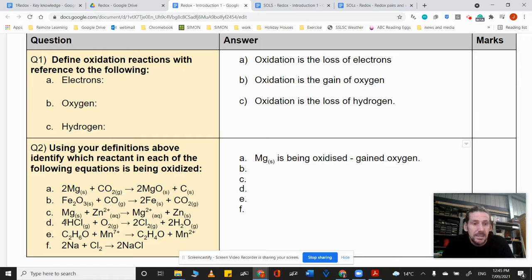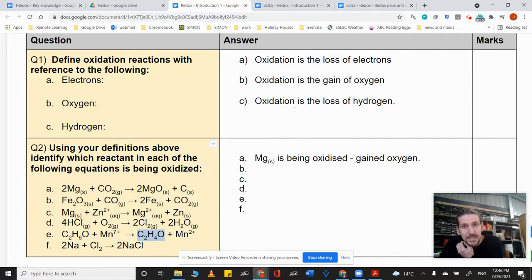Okay, let's have a look at another one. Let's go with number E. Now, number E here has got this C2H6O, which is actually ethanol, but you're not to know that. But you can see this here is turning into this guy here. So you can see the ethanol, the C2H6O, has lost the hydrogen.